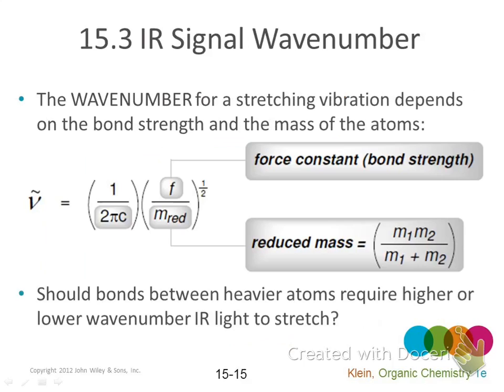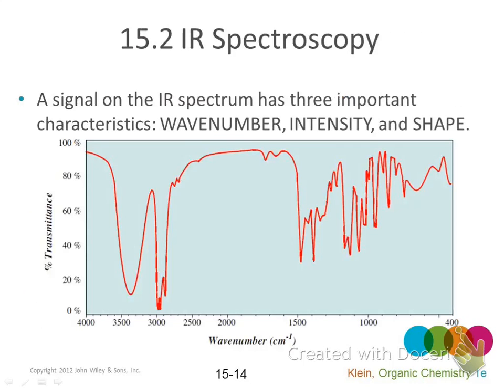So the reduced mass is larger the bigger the two objects are. Okay? So heavier atoms, larger reduced mass. Where do you expect to see them? Further to the 4,000 side, or closer to the 400 side? Closer to the 400 side because they're bigger. So that's why when you see CH and CO, if you remember from the IR spectra that you had before, this is the CHs.